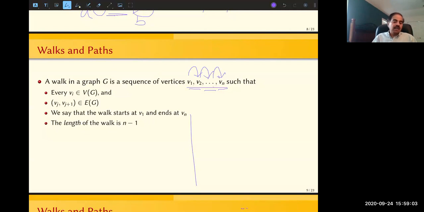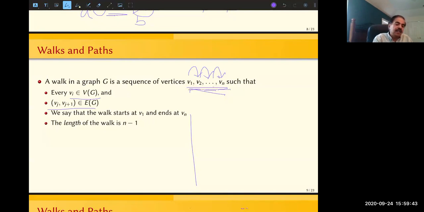Every Vi must be a vertex, obviously, and every pair of successive vertices must have an edge going from Vj to Vj plus 1. It shouldn't be the opposite way. If the edge is from Vj plus 1 to Vj, then you are walking in the opposite direction of the edge, and that's not allowed. So you have to walk in the direction of the edge. That's the notion of a walk.